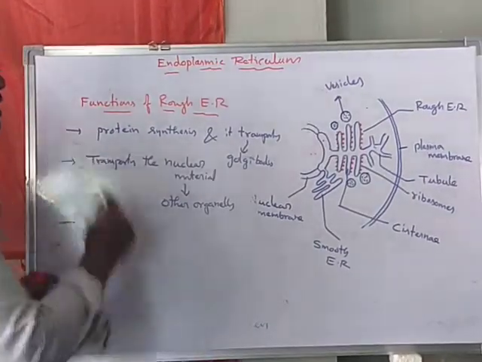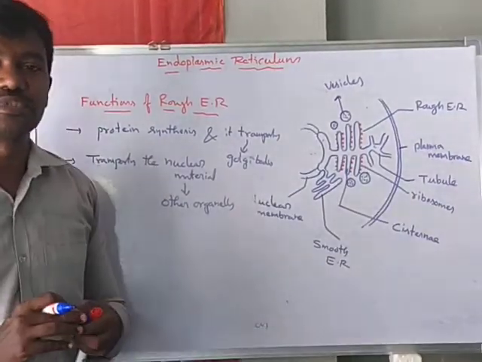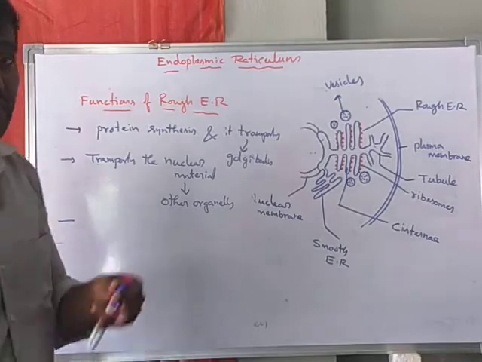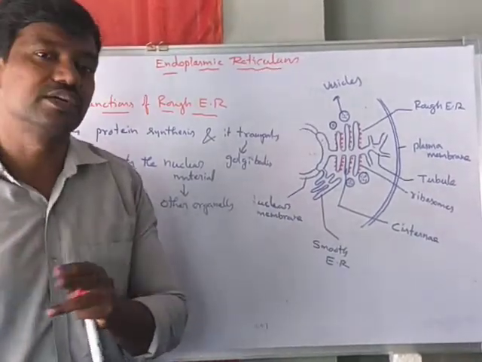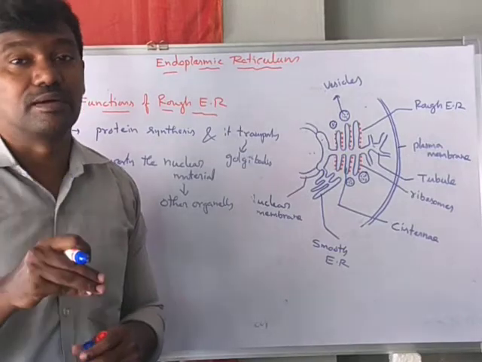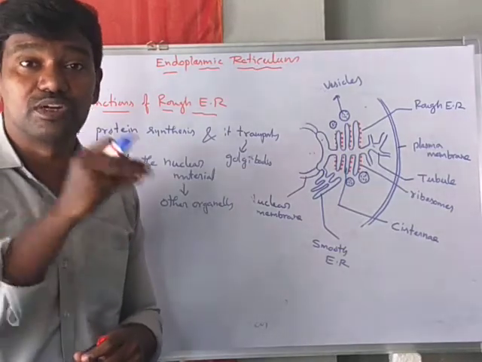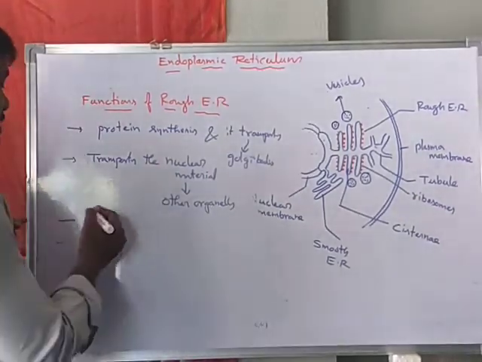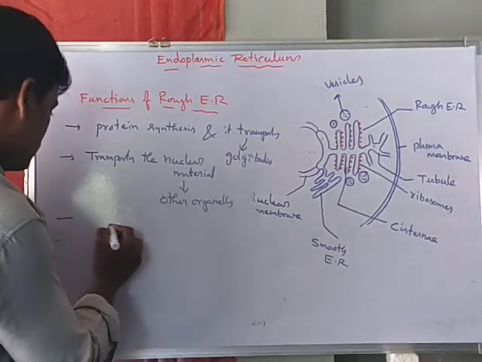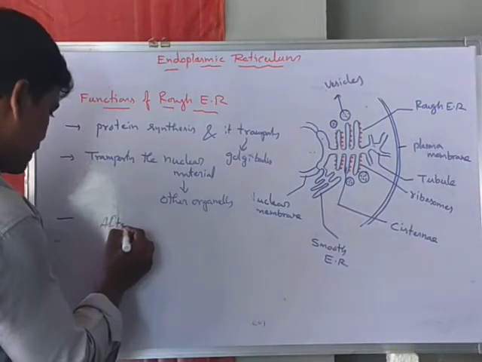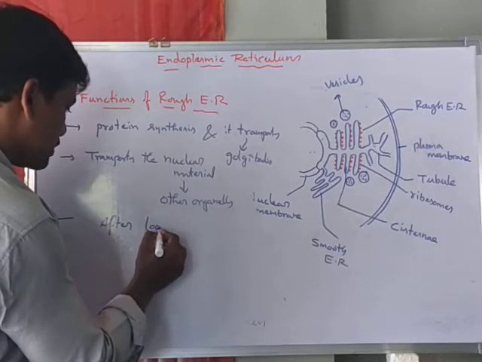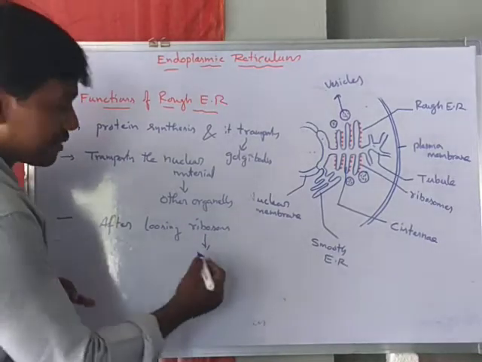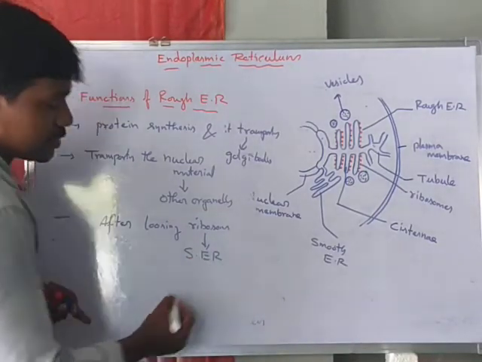And the remaining one: rough endoplasmic reticulum generally contains ribosomes. After losing the ribosomes, it is converted into smooth endoplasmic reticulum.